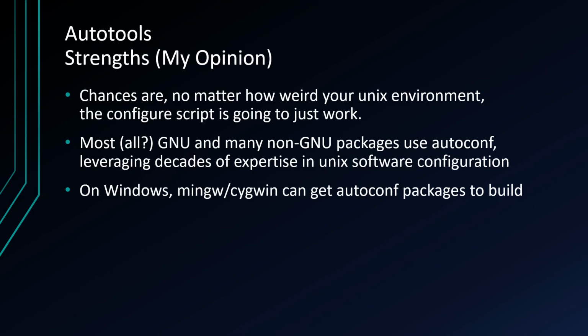Okay, but Autotools also has some strengths. It's not all bad. Chances are, no matter how weird your Unix environment is, a configure script generated by Autoconf is going to work. And many, if not all, of the GNU packages, and also many non-GNU packages, use Autoconf and Automake, etc. And by doing that, they're leveraging decades of expertise in Unix software configuration. Now, some of that expertise is legacy expertise that's only needed for these legacy environments.